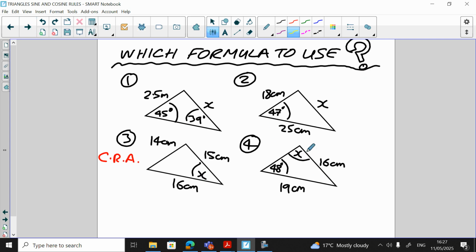Finally, as soon as you see 2 angles involved, you know right away that's the sine rule for angle. Okay. So just go through it like that, and hopefully you'll be fine.